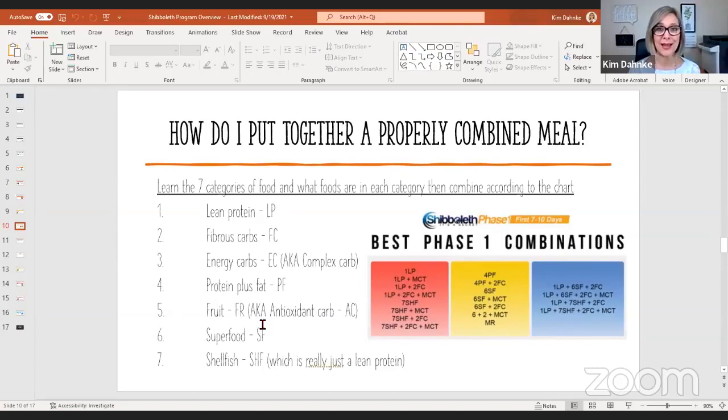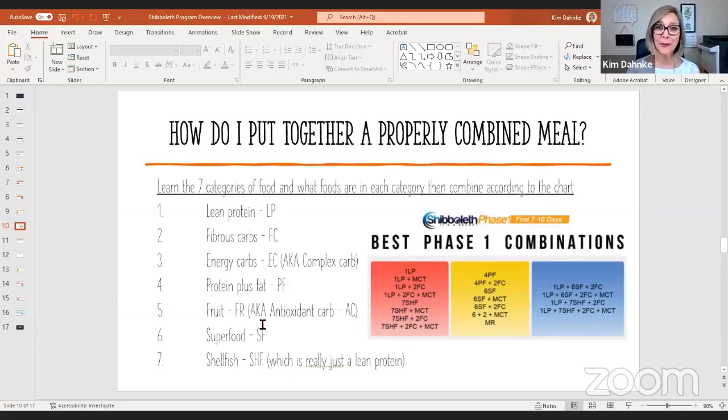We don't want to store new fat, do we? So let's control that insulin to stop storing new fat. So if you've eaten something that has fat in it, so it's a high quality protein, but it's got some fat in it, you just don't eat it with foods that bring an insulin release so that that fat doesn't get stored. So you're not going to eat it with energy carbs, fruit, or superfoods.